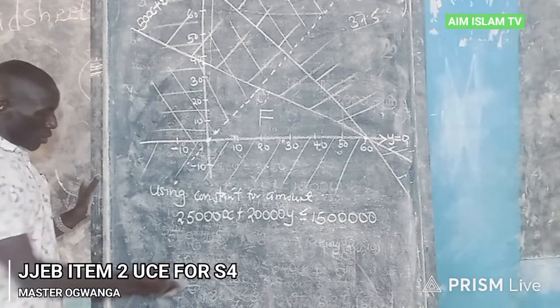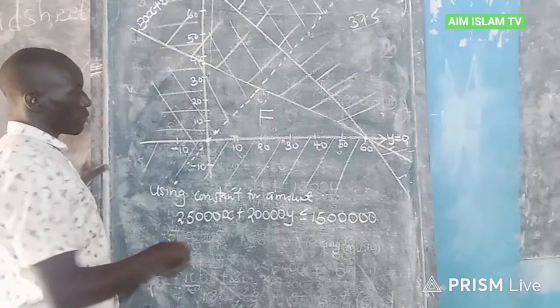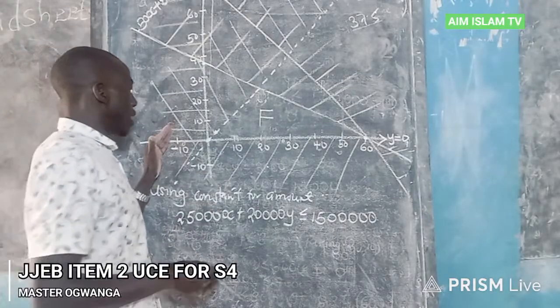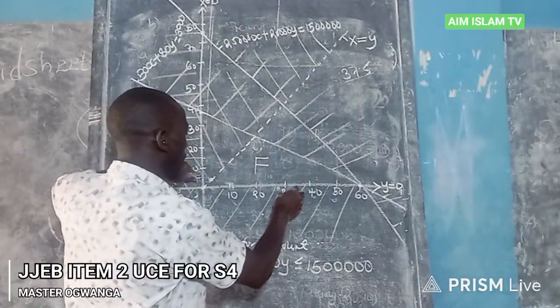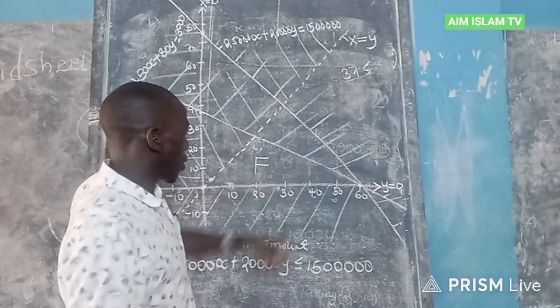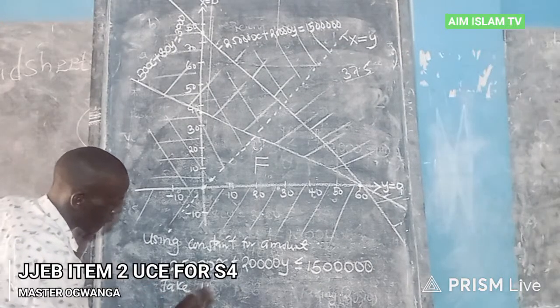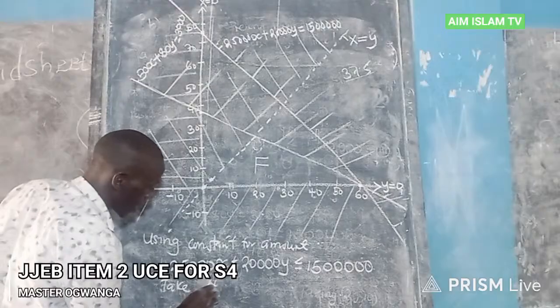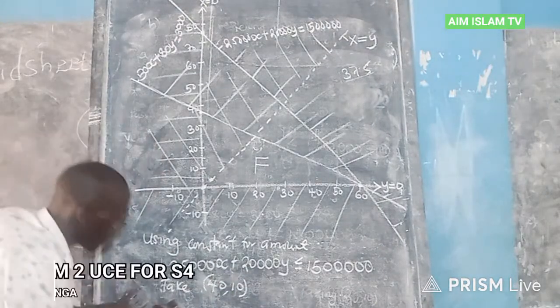I will use only 3 points. From here, let me first use the coordinate of 10 on y, then also look at the coordinate of 40 on x. So I take 40 for x and 10 for y.